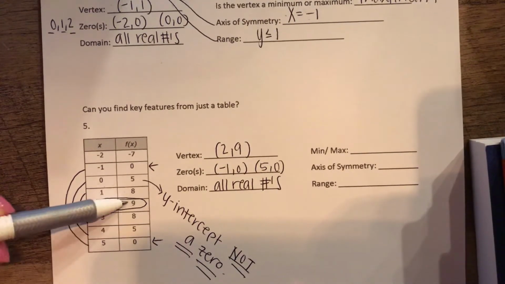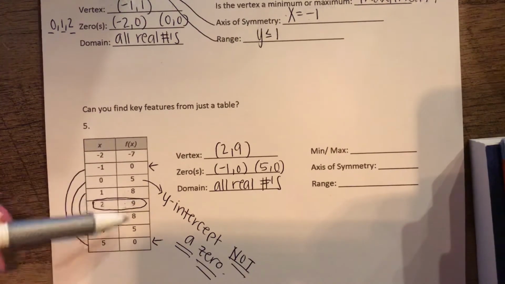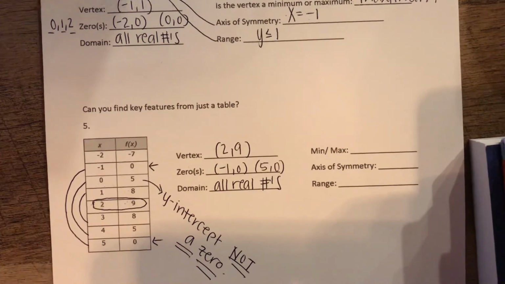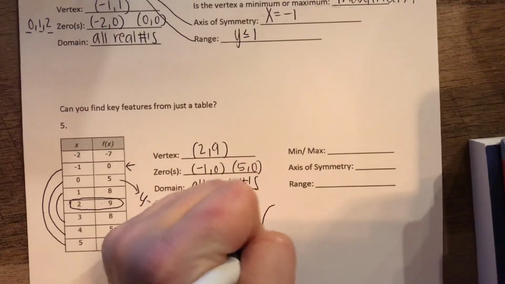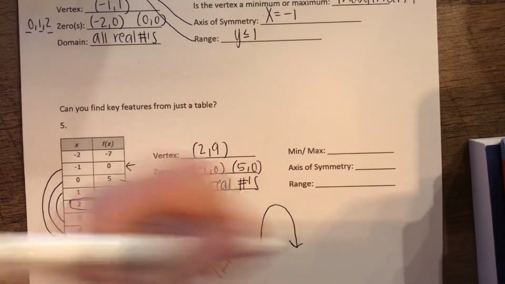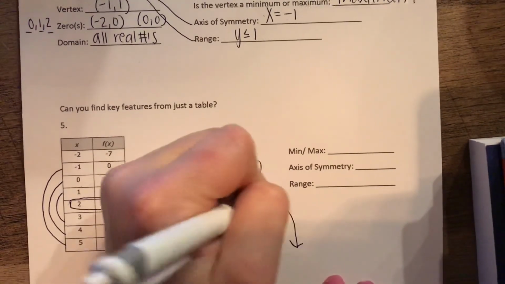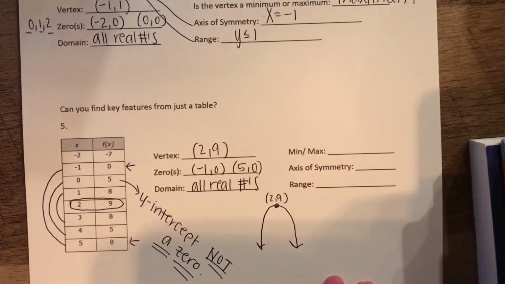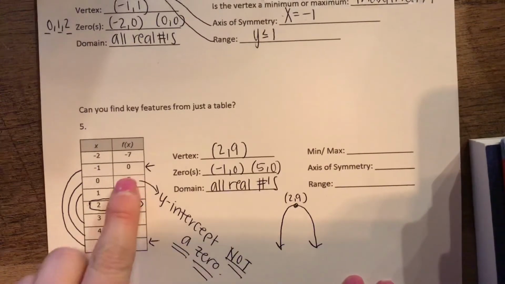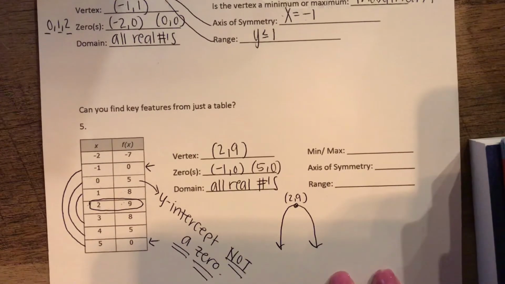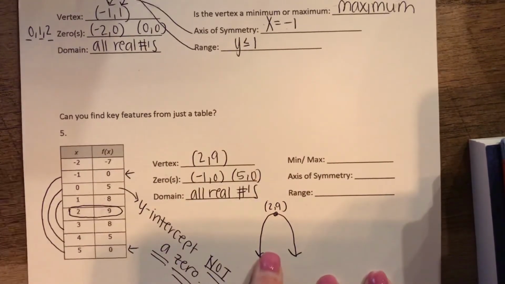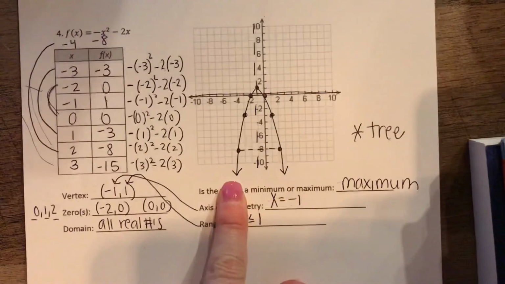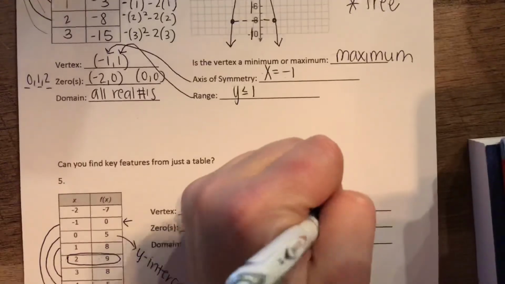When I look at the points, my vertex being a 9, all of these y values are smaller than my vertex, which would mean that this graph is going to look something like this, where this point would be (2, 9). I've determined that because of what the numbers look like outside of my vertex. Because my graph looks like this, it's very similar to the previous problem, where this would be considered a maximum.